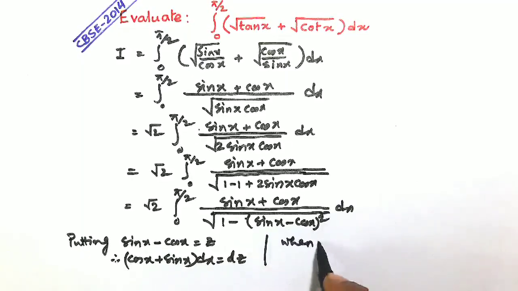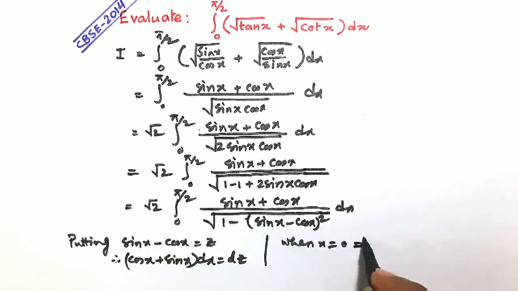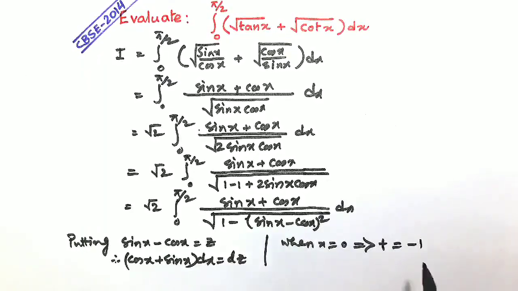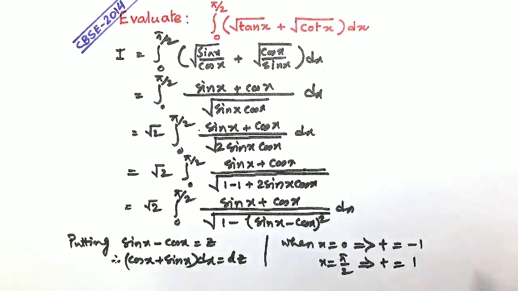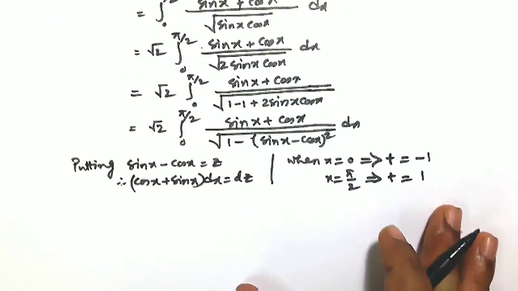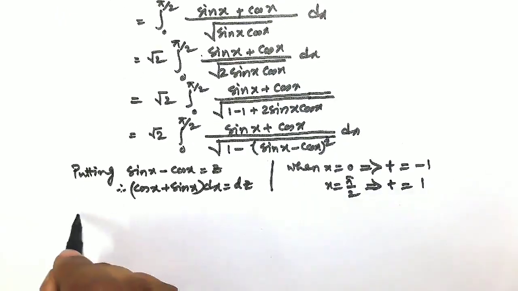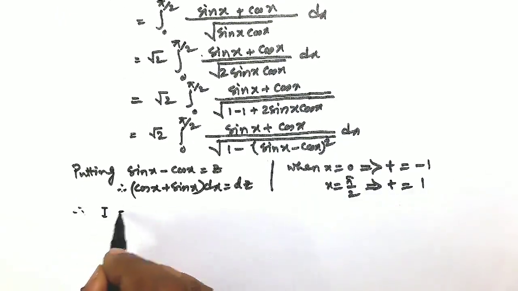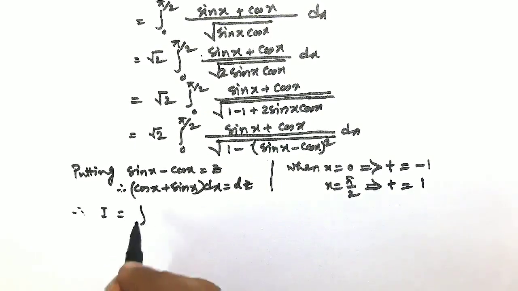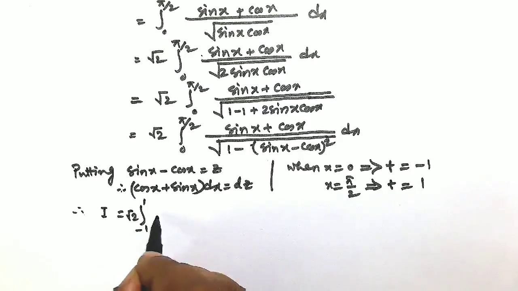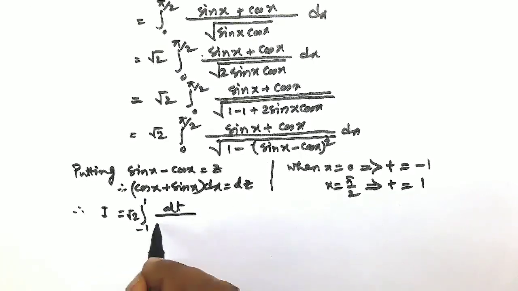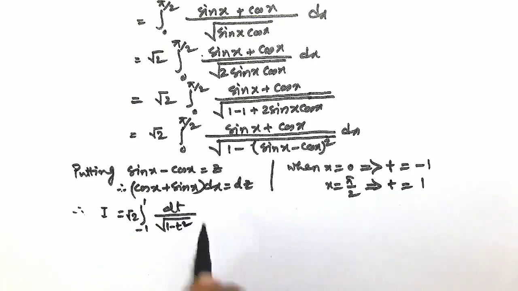When x is equal to 0, then t is equal to minus 1. And when x is equal to pi upon 2, then t is equal to 1. So the integration will be now I is equal to root 2 outside, integration minus 1 to 1 dt upon root over 1 minus t square.